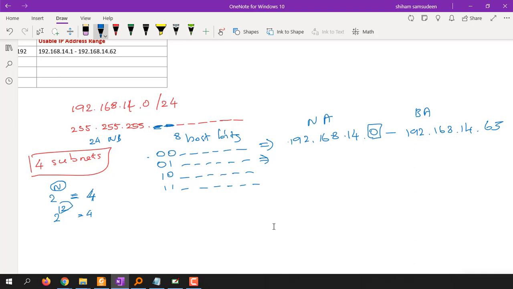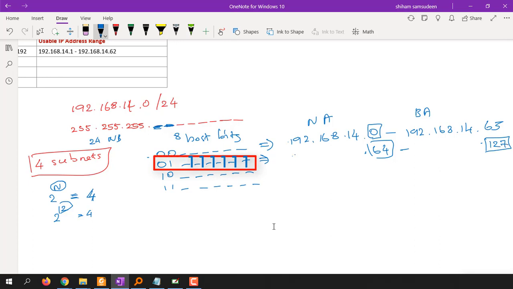For that, with this 0 1, you have to put all the rest of the bits as 0 0 0 0 0 0. So that is equivalent to 64, right? You can do the math here, and for this one it would be 0 1 and all ones here, so that is 127, right?